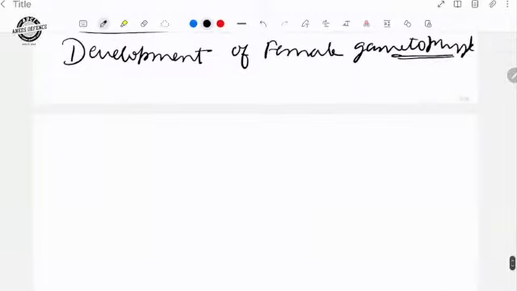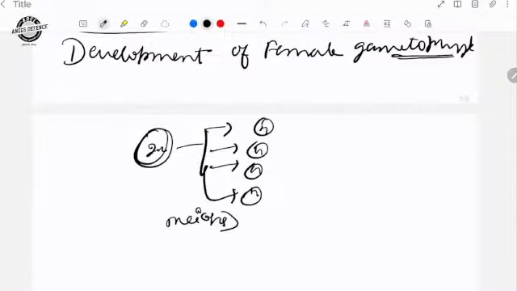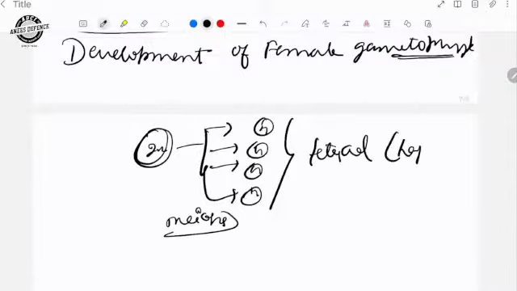See here. First, the megaspore mother cell, that is termed as MMC, is going to undergo meiosis to form a linear tetrad of haploid cells, that is termed as megaspore. First, one cell is going to form four: 1, 2, 3, 4, N, N, N, N. This is 2N, and through the process of meiosis it is going to form a tetrad of four that are haploid, all are haploid.